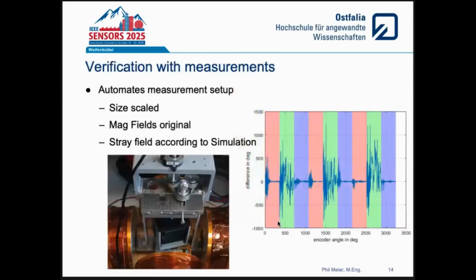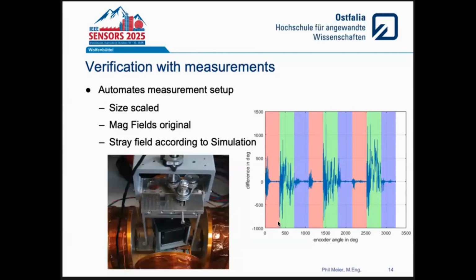This was also tested with real measurements, with our automated measurement setup. You can see below we have 4 large spools and a physical encoder magnet that is rotated over the sensor array. The size is upscaled a bit, but the field magnitudes are like in the description by the sensor manufacturer, and the stray fields are according to the same simulation.